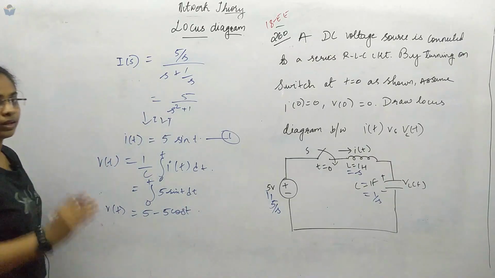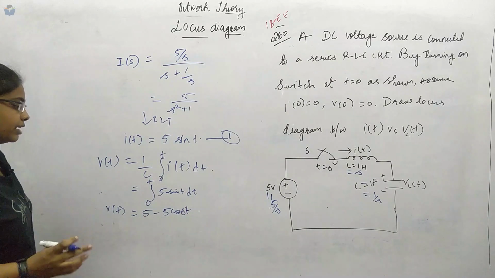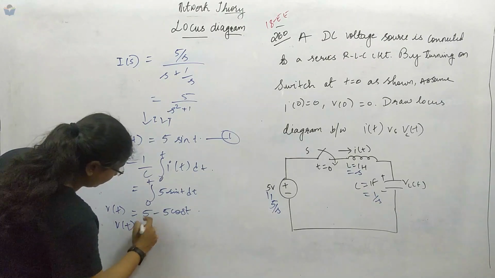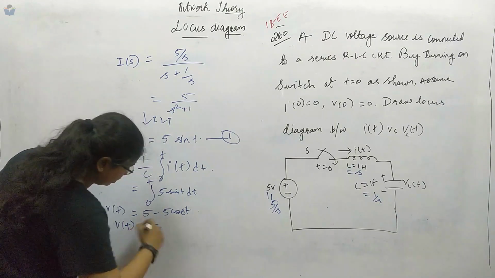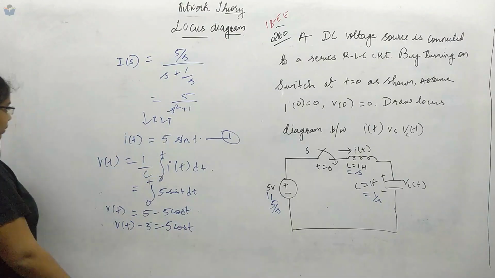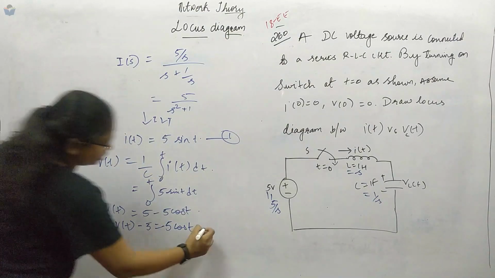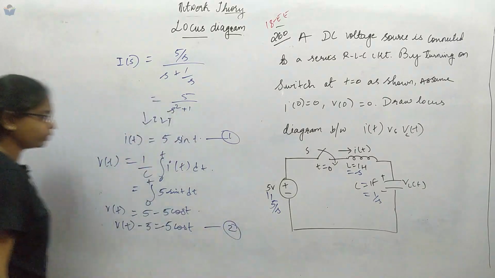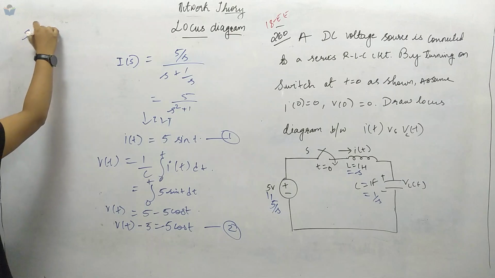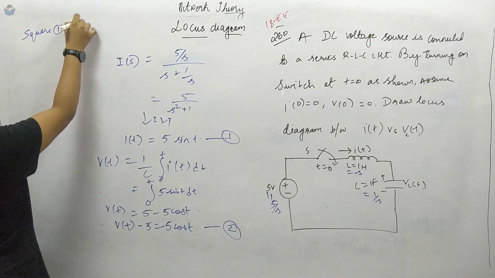Now all the options were in terms of the equation of the circle. So what we will do is take V of t minus phi over this side, and this will be minus phi cos t. So this is equation number 2. Now to get the equation of the circle, we will square 1 and 2 and add them.